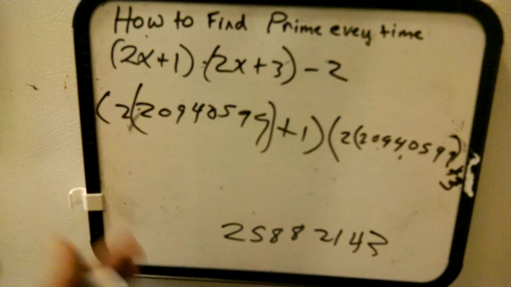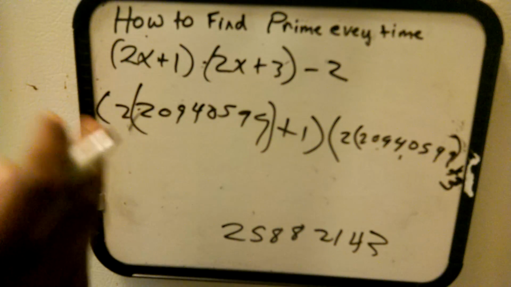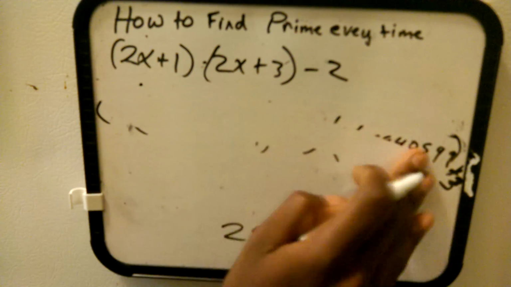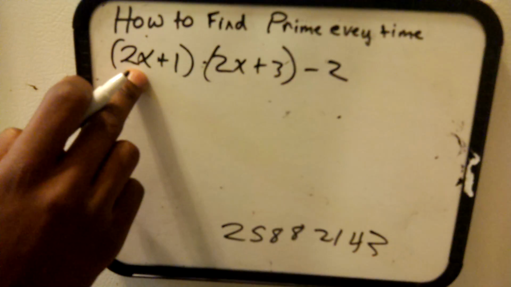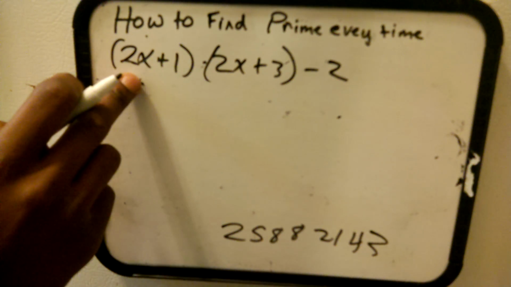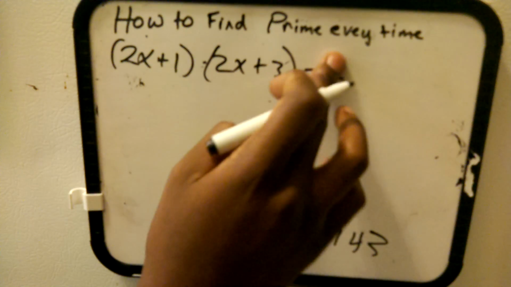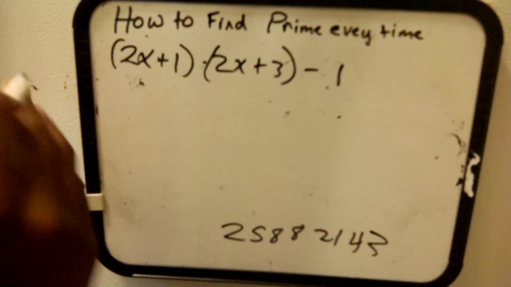But I will let you know this. After you do this and you stick it in there again, remember, if your new prime number is lower than the prime number that you stuck in for x, then guess what? That means switch the equation back to minus 1, and then try it all over again.